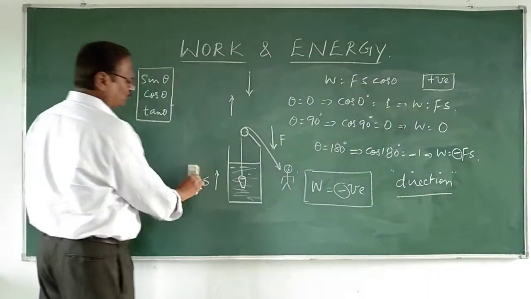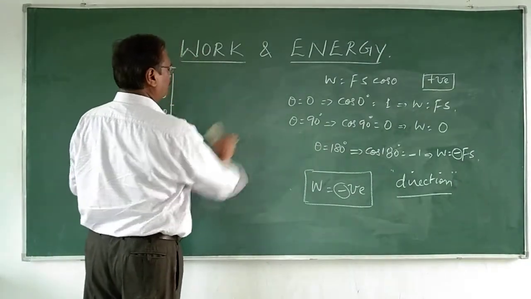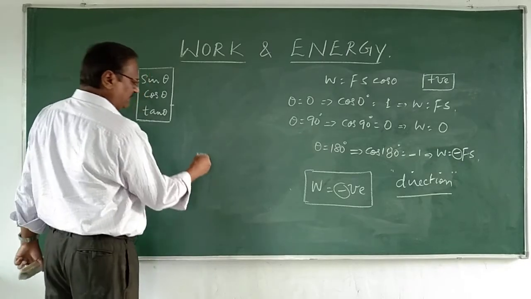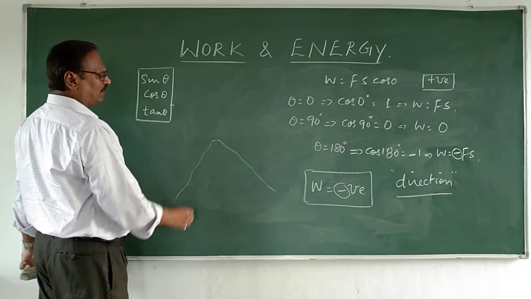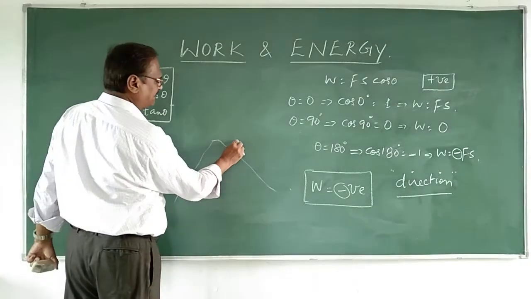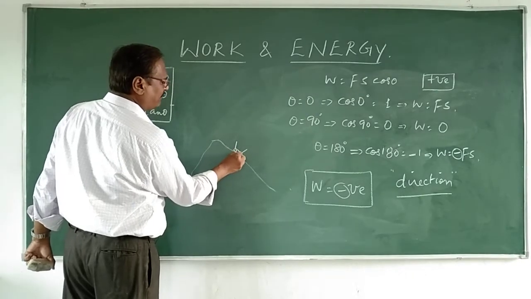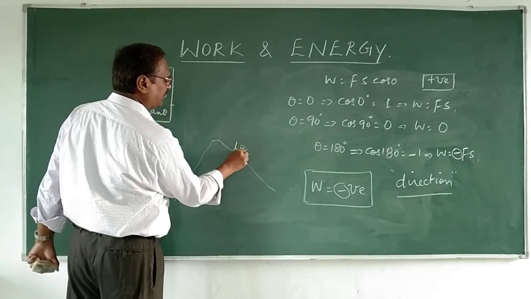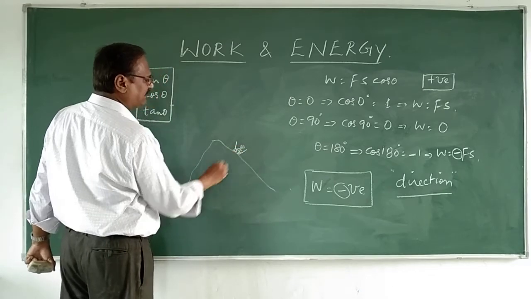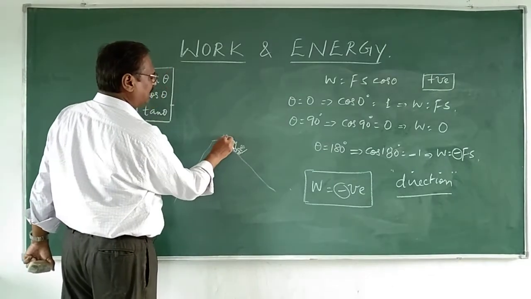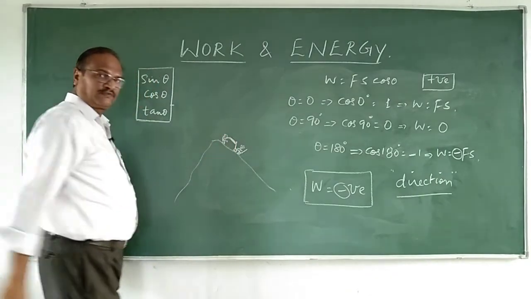I also can give you one more example, and I think that will help you. If people live in hill areas, let us say, suppose we live in a hill area, I have drawn a mountain for you. Let us say it is a slope, and we have a pram in which you put a child, or you take, for example, an object like this, having wheels, and a person is holding it, mother, father, anybody is holding it like this.